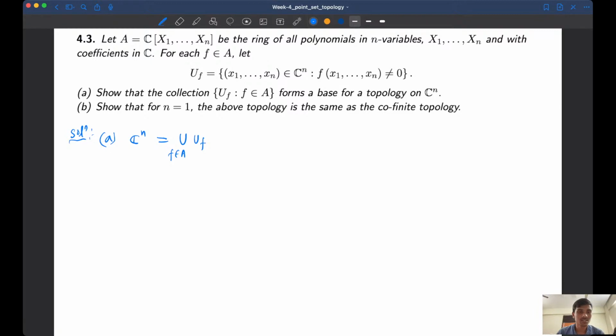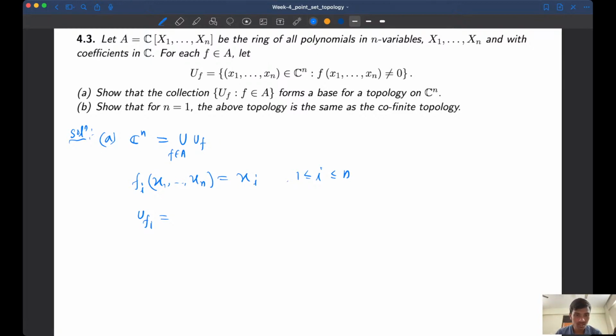So let us take fi(x1, x2, ..., xn) equal to xi, the ith coordinate, for 1 ≤ i ≤ n. Then what is Ufi? Where this function takes value 0: it is 0 only if the xi coordinate is 0. At all other points it is non-zero, right? So all those points lie in this Uf, or indeed that is the total Uf.